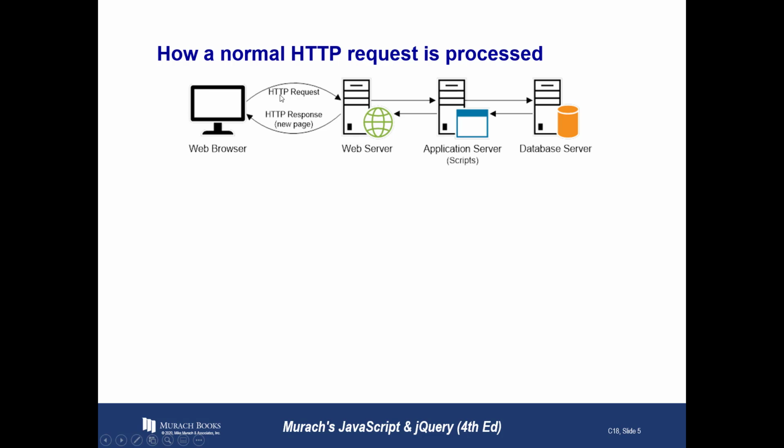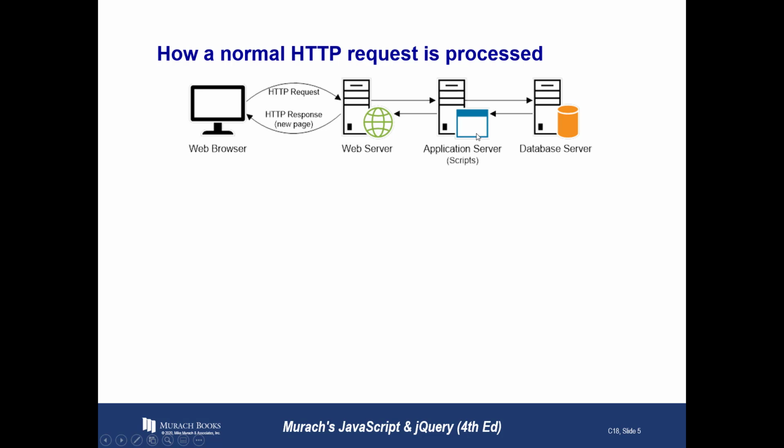If it was just a simple static request, it would be just the stuff you see in here. But since there's more to it, we have to add the application server and the database server.